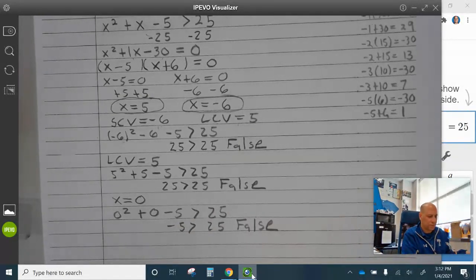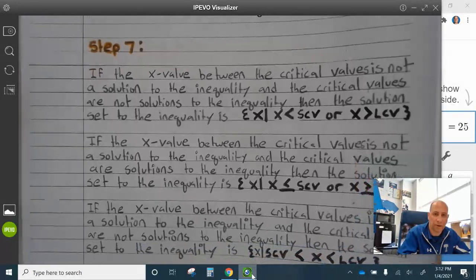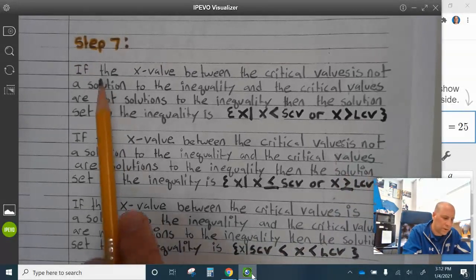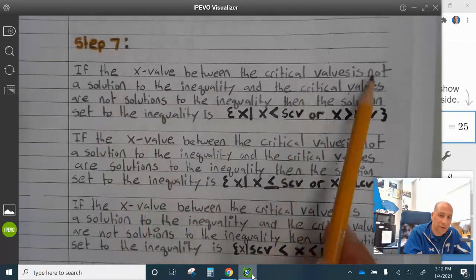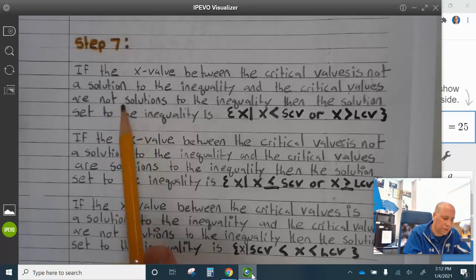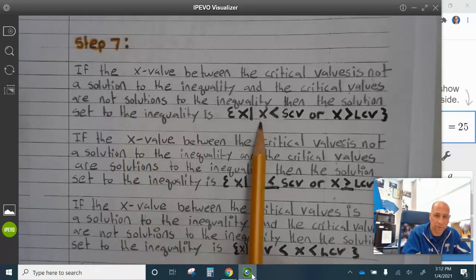Okay, so what we have is right here. If the x value between the critical values is not a solution, and the critical values are not solutions, we're going to use this format.